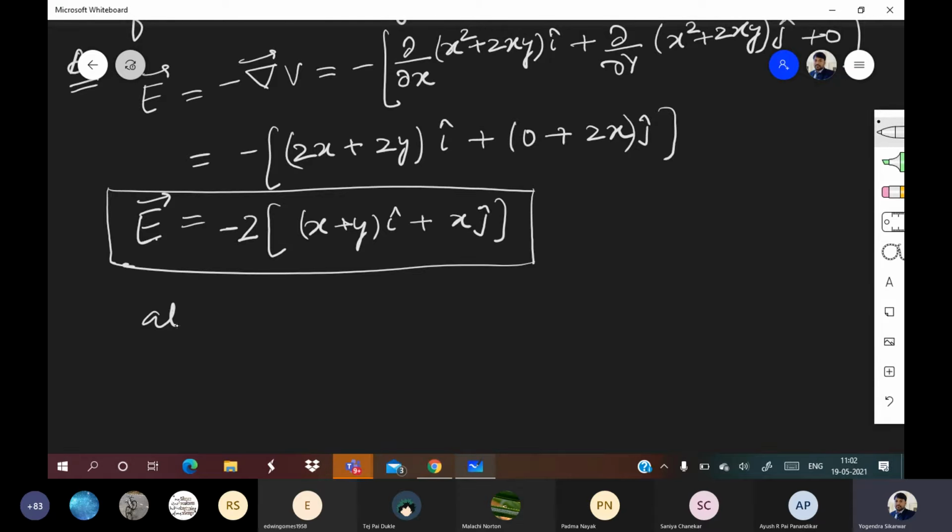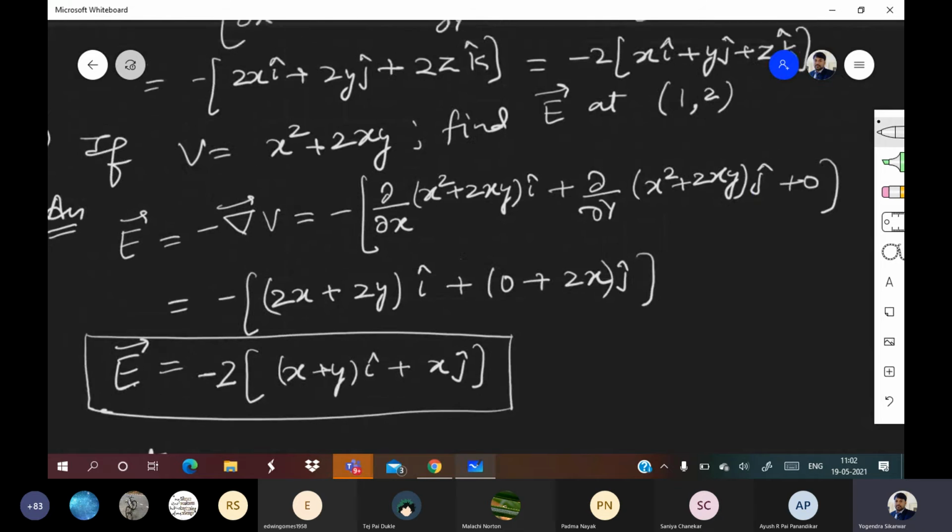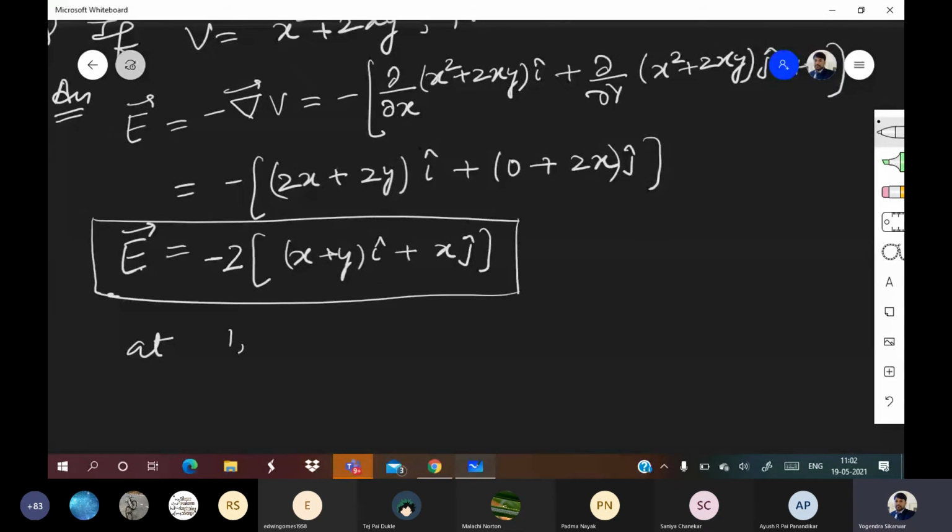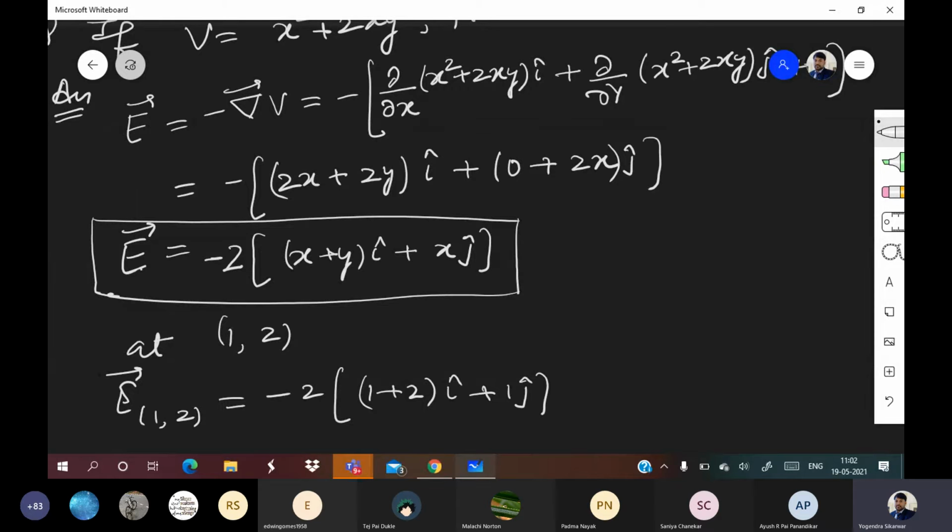Now at 1 comma 2, so E vector at 1 comma 2 is equal to minus 2, this is 1 plus 2 i cap plus 1 j cap, so that will be minus 2 times 3 i cap plus j cap.